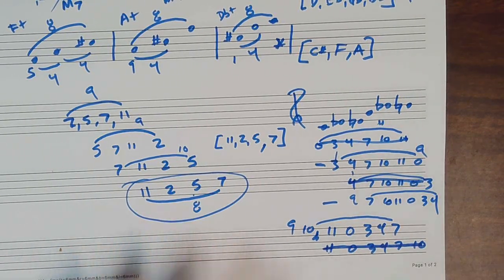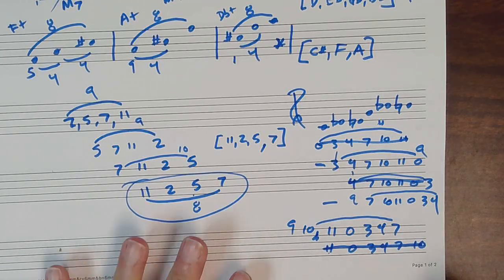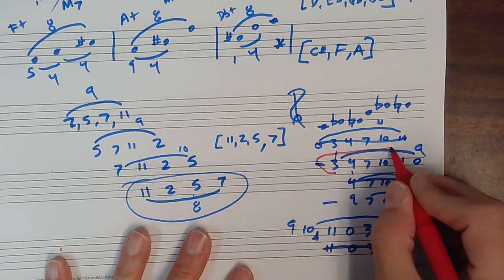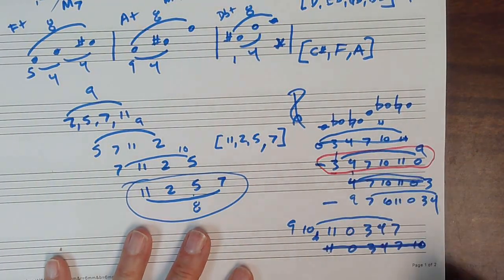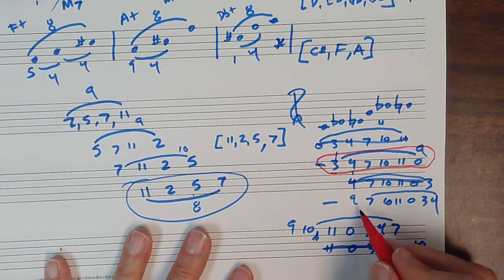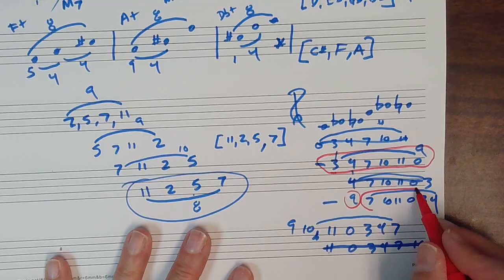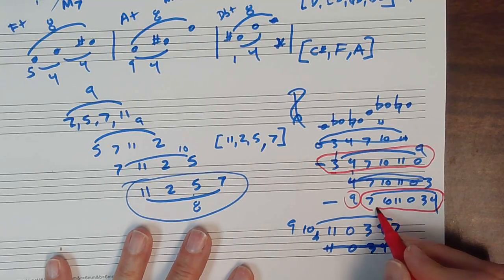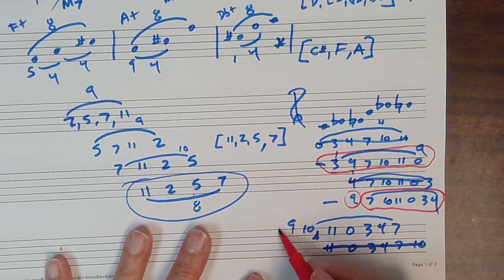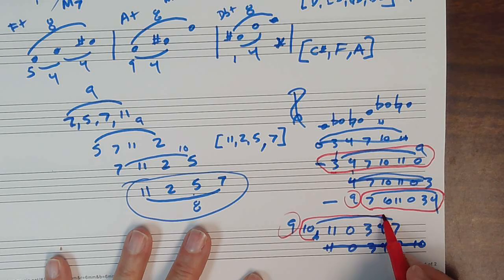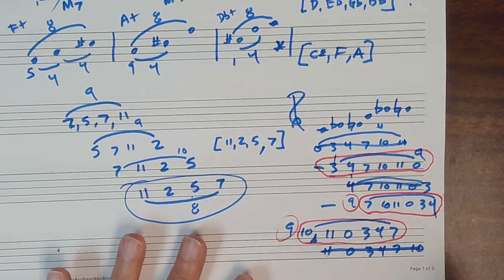So we have 3 possibilities. At this point, we have a 3-way tie between 3, 4, 7, 10, 11, 0, 7, 10, 11, 0, 3, 4, then 10, 11, 0, 3, 4, 7.